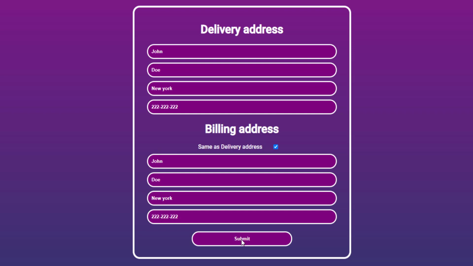And then on your submit button, you can create your own function there, what you'd like to do with the information. But it's a handy little thing to have in an e-commerce website to copy the same as delivery address, because 9 times out of 10 that's what people generally do. And that's just the way I've come up with and how to explain. So check the box to disable or enable it.